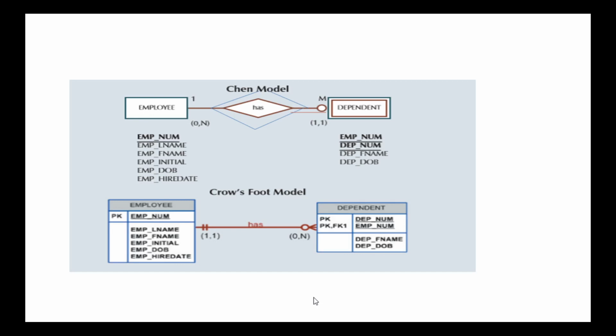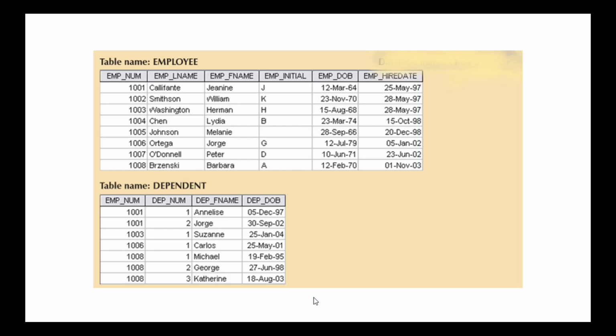Just see the Crow's Foot notation also. In Crow's Foot notation, for employee and dependent, one employee has several dependents, and each dependent has one employee. Each dependent entity occurrence depends on an employee entity occurrence. Just see this diagram.